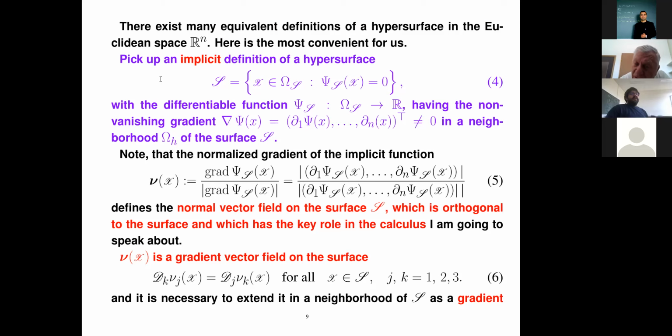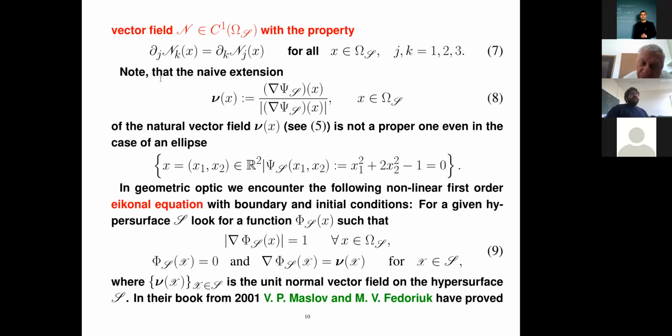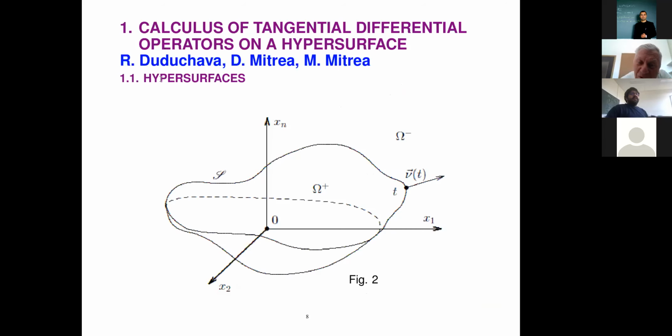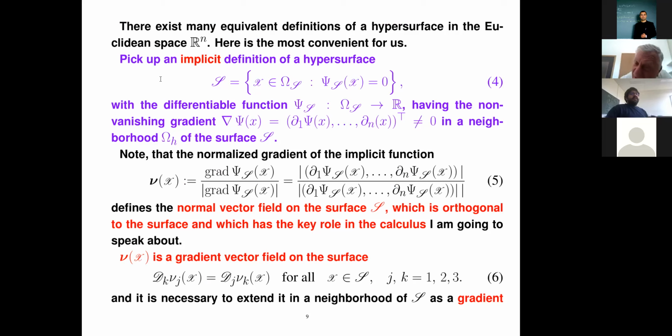the Günther's derivatives, which is not here, perhaps on the next slide. Actually, Günther's derivatives are nothing more than the projection of the coordinate derivatives on this surface. It's not here, it will come later.